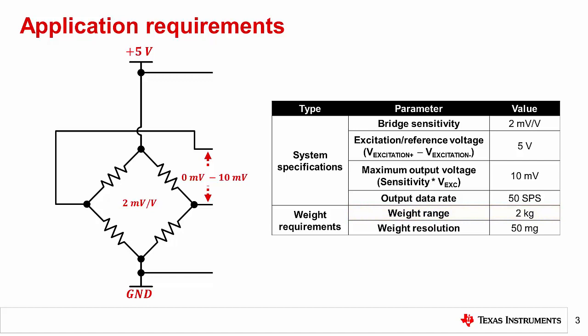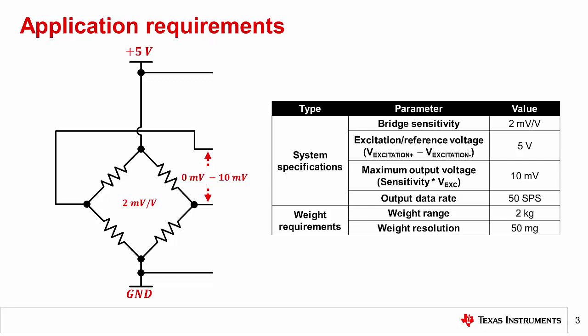Weight range is effectively the full-scale range of the load cell, describing the maximum weight that can be applied to the device. Like an ADC, if you were to only use a portion of the load cell's weight range, for example, you only needed to measure up to 1 kilogram instead of 2 kilograms, you could not expect to achieve the maximum output voltage, thereby reducing the system's dynamic range.